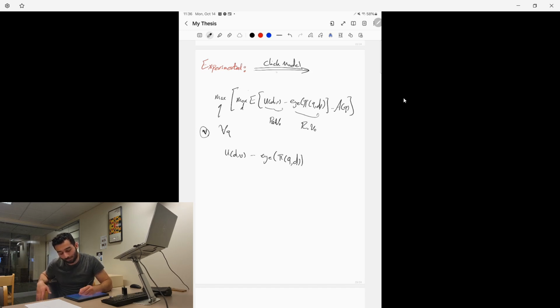And I want to say, okay, the equivalent of r equal 1 is just u of d and v greater than or equal to eta. There is some threshold eta, such that u of d and v is greater than eta, and the eyeballing cost is greater than 0.